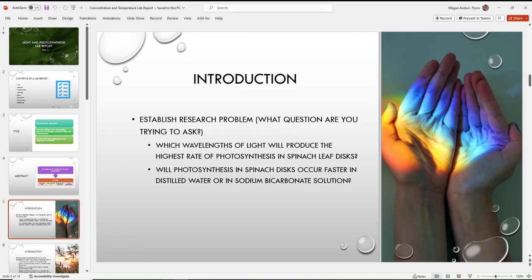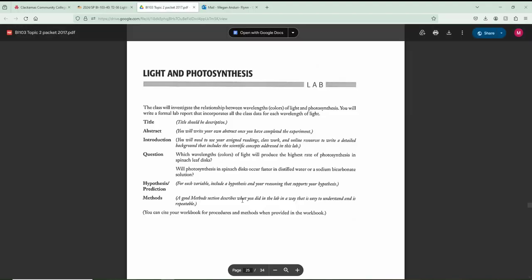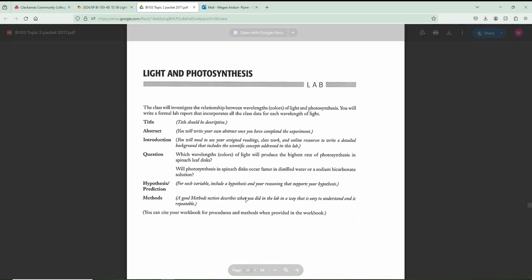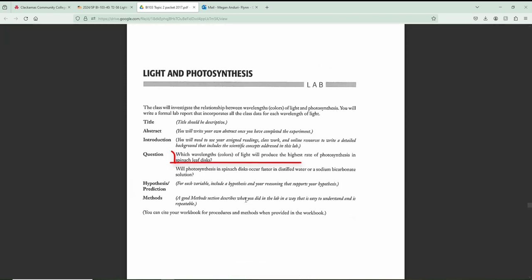So if we go right back into our lab here are the two questions we're trying to ask. Which wavelengths, colors of light, will produce the highest rate of photosynthesis in spinach leaf discs? We are also trying to ask, will photosynthesis in spinach discs occur faster in distilled water or a sodium bicarbonate solution?